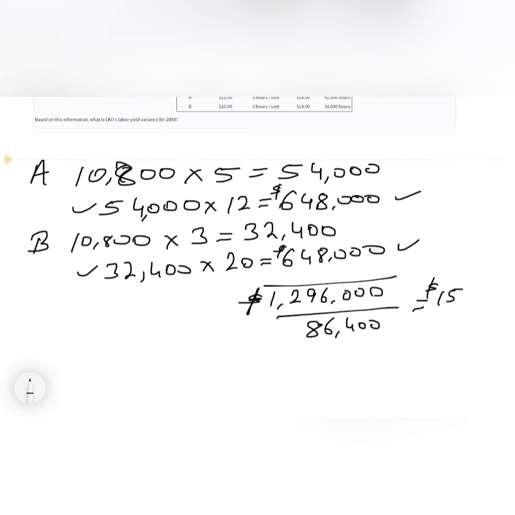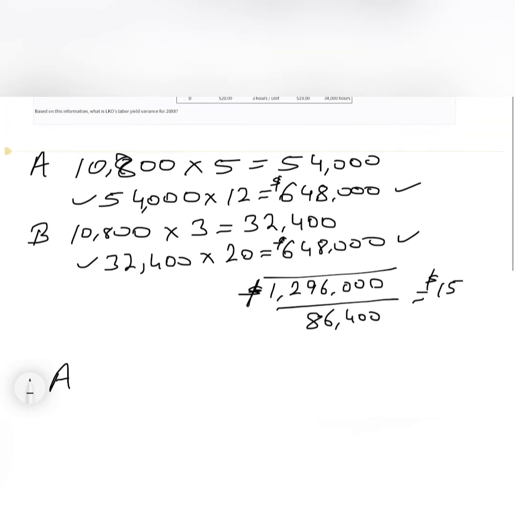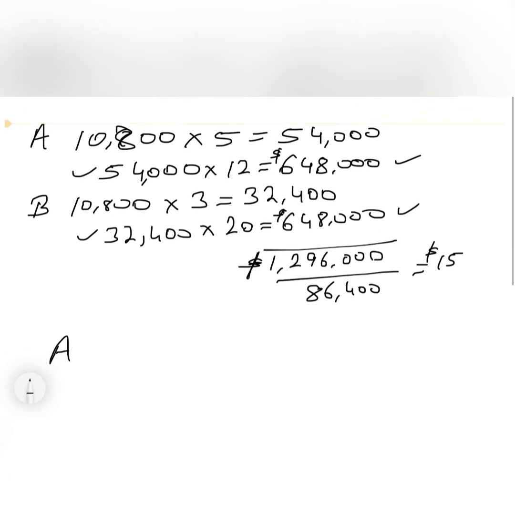Now let's see what happened in actual. Employee A used 51,000 hours and employee B used 34,000 hours.